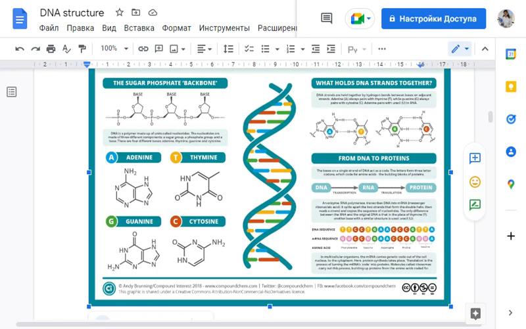And we have weaker bonds, which are hydrogen bonds between nitrogen bases, and we always connect adenine with thymine and guanine only with cytosine. When we connect adenine with thymine, we have two hydrogen bonds, and when we connect guanine with cytosine, we have three hydrogen bonds. Two hydrogen bonds are obviously weaker than three.